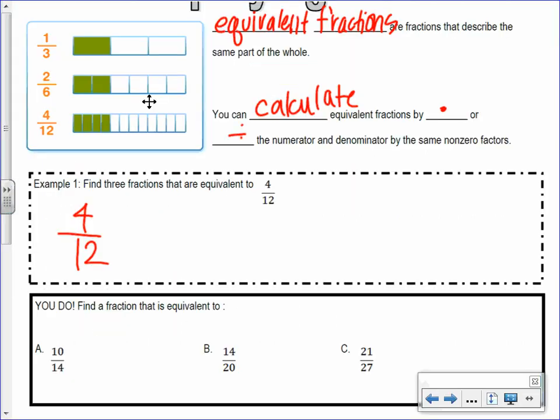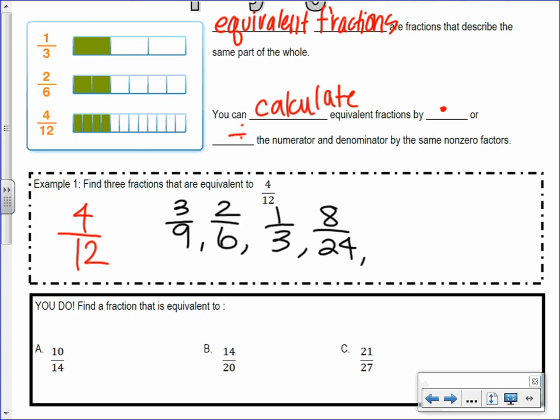Yusuf, give me one. 3/9. Perfect. Charlie, give me another one. 2/6. Kate, give me another one. Perfect. Ella, give me another one. Okay, 1/3.